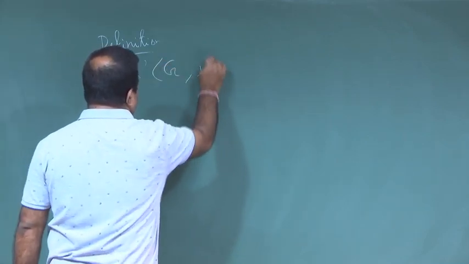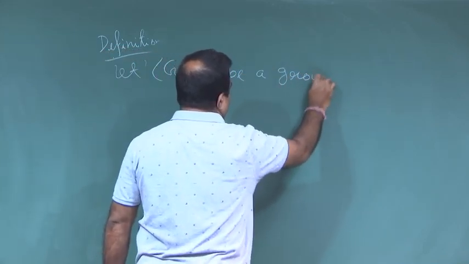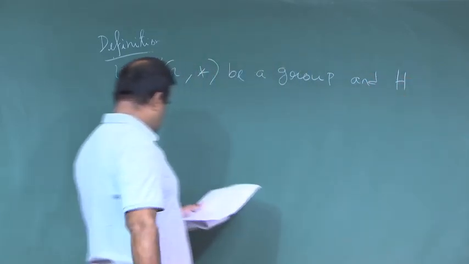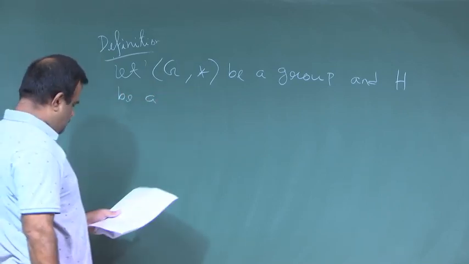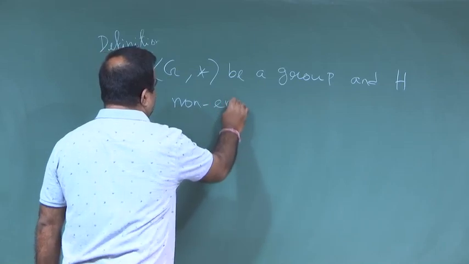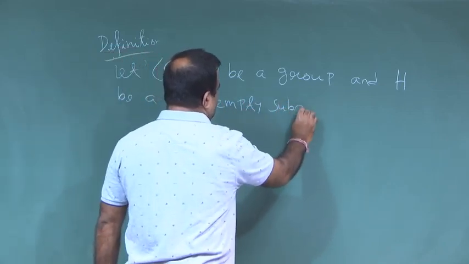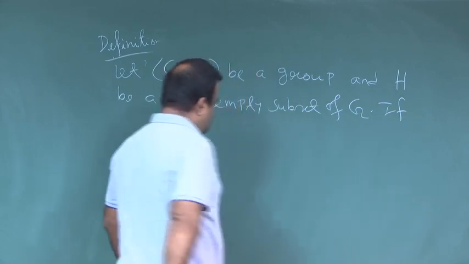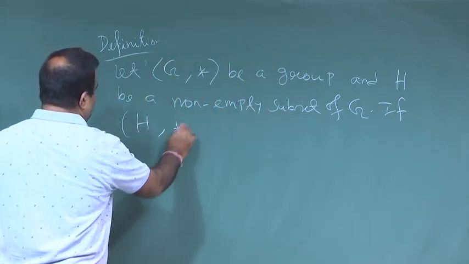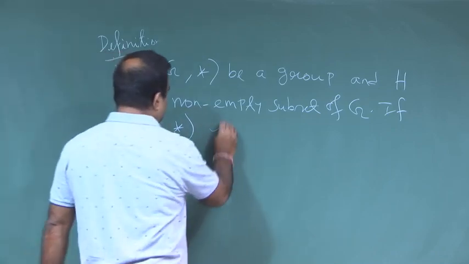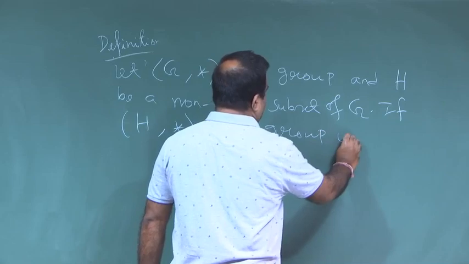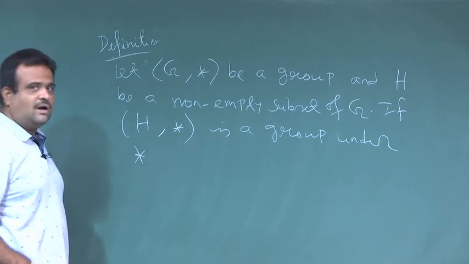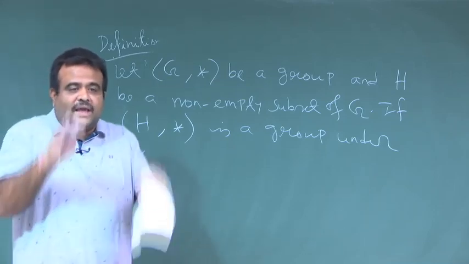Let G be a non-empty group, and H be a non-empty subset of G. Now, if H also forms a group under star, where the star is the induced operator on H only.